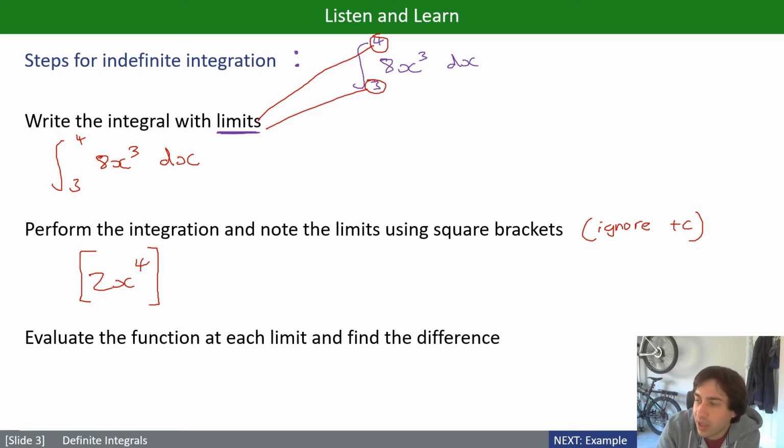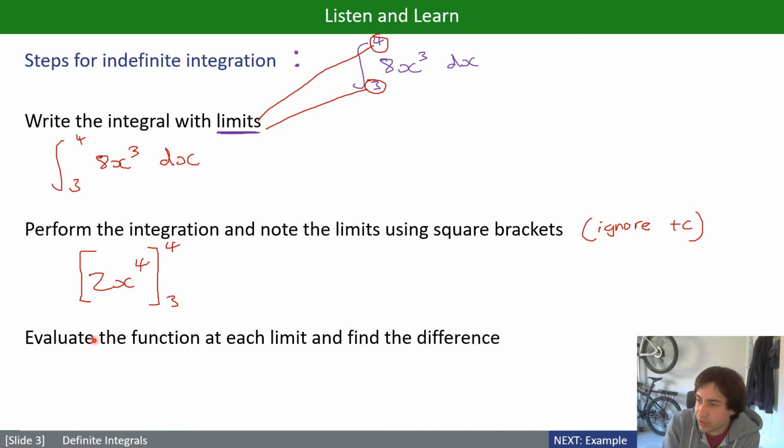And then those two limits, you're going to put those on the right hand side, again, one on the bottom and one on the top, like this. Okay. And this has a meaning, which is then acted on in the third step. Okay, but that step 2 is basically saying integrate the expression just as you normally would with indefinite integration, and then just place the limits on the outside of these square brackets so that we know what the limits are, so we've kept track of them.